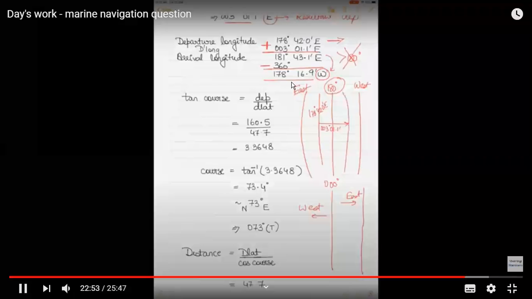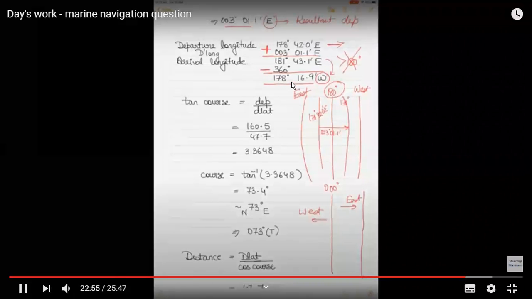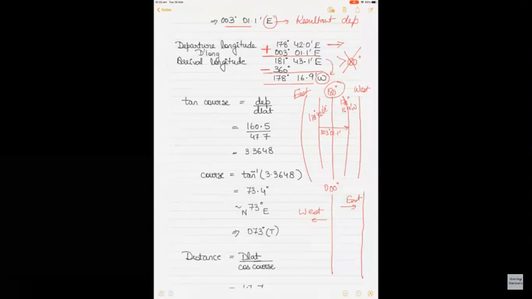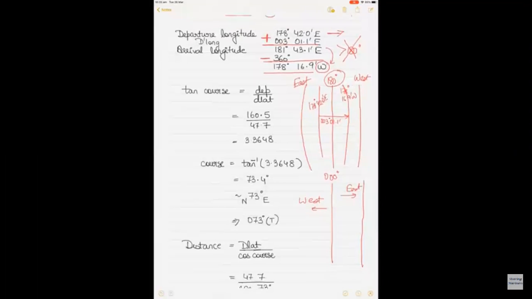Because you are going in the 090 direction further east, that's why you reach more west, 178 16.9 west.